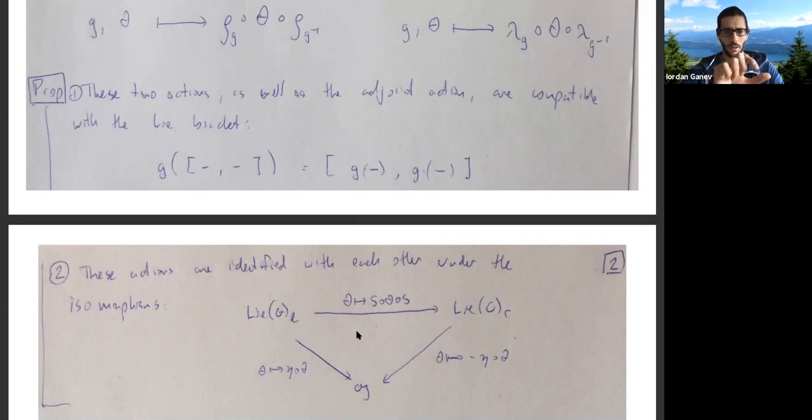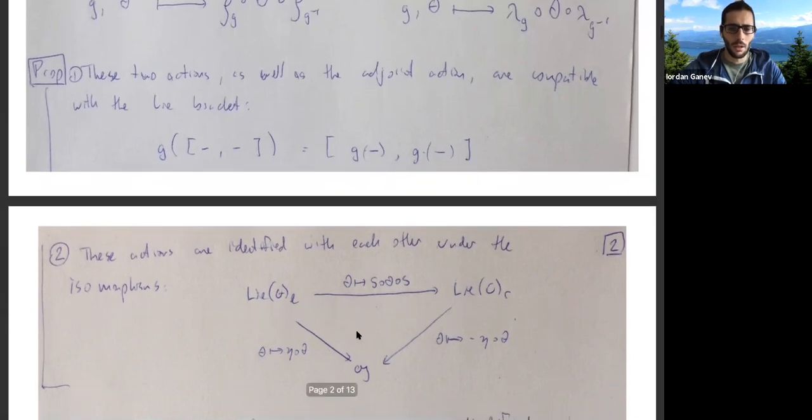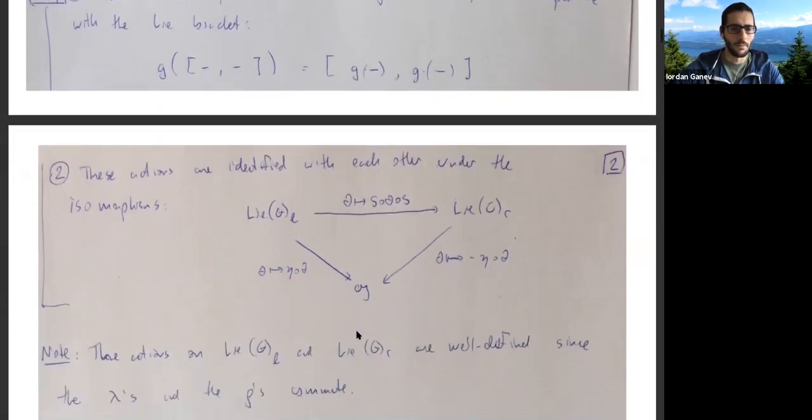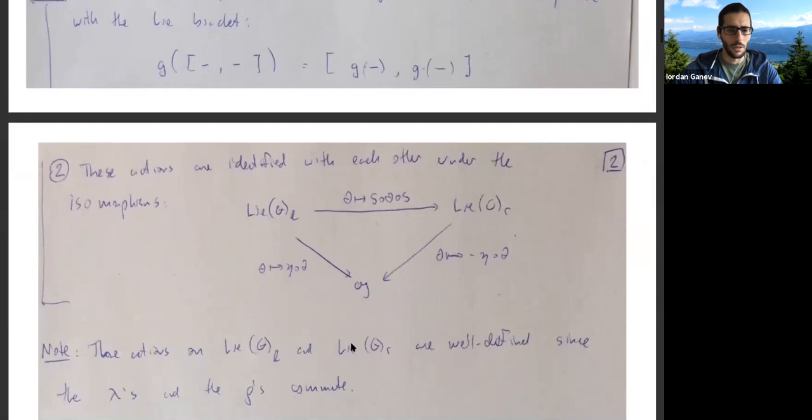So in other words, these three actions are all identified under these isomorphisms. Okay, this is what I said before, that these actions are well defined because the lambdas and the rhos commute.